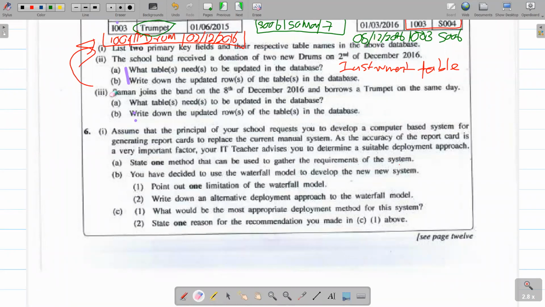It is asking, assume that the principal of your school requests you to develop a computer-based system for generating report cards to replace the current manual system. As the accuracy of the report card is a very important factor, your IT adviser will determine the suitable deployment approach.